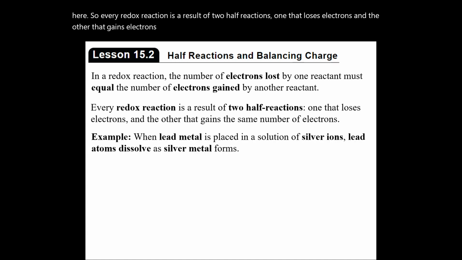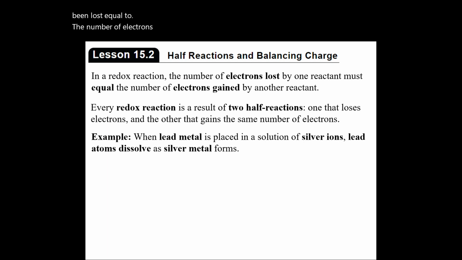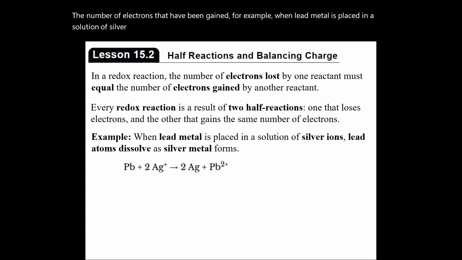But the number of electrons that has been lost equals the number of electrons that has been gained. For example, when lead metal is placed in a solution of silver ions, like silver nitrate, lead atoms dissolve as silver metal forms.